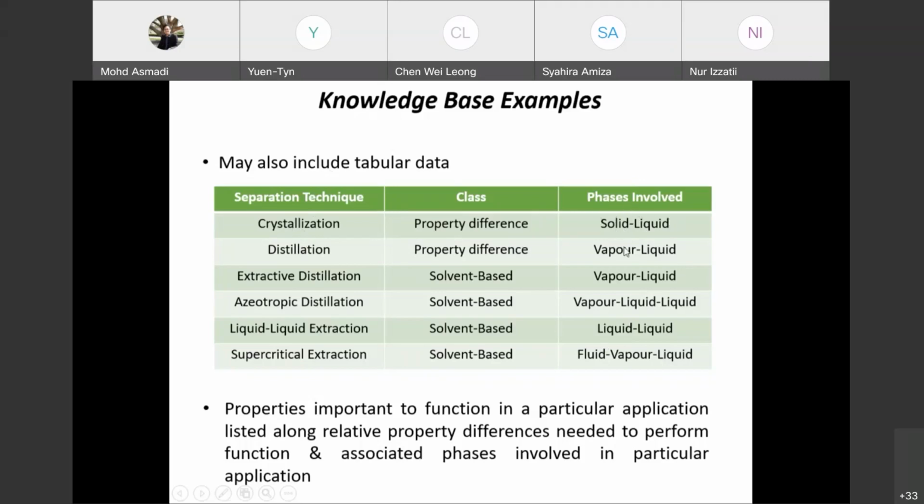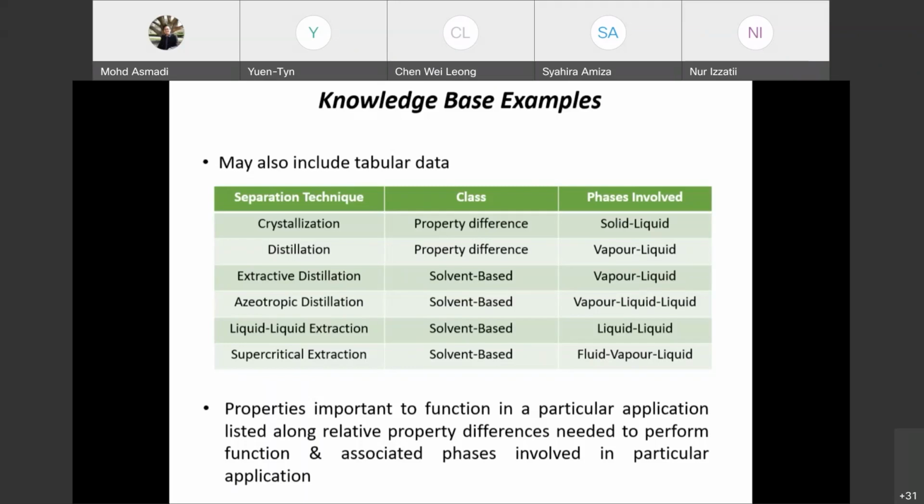Distillation is vapor liquid. So this is just the knowledge of how to use the separation techniques to separate between two components, or maybe a liquid. What is the method, the separation technique?